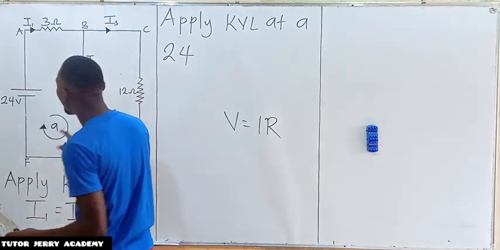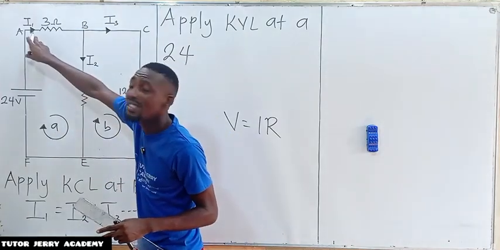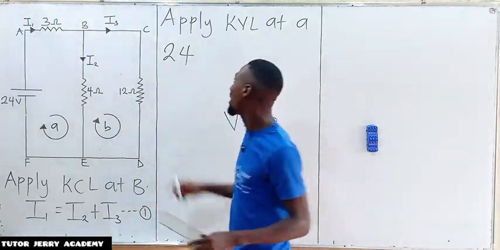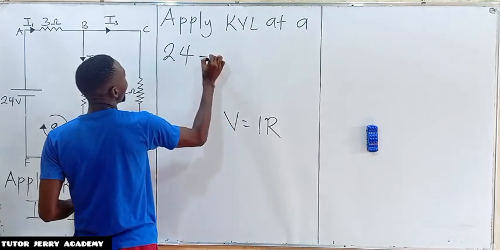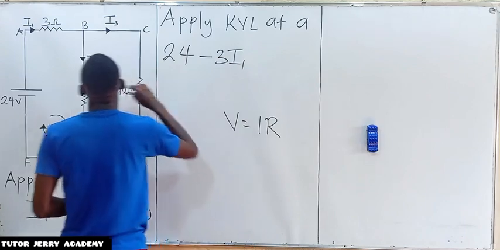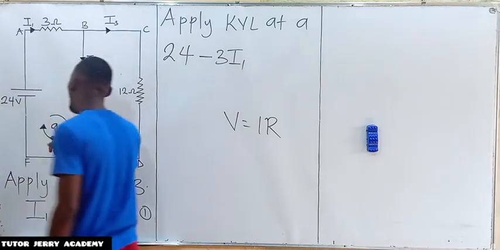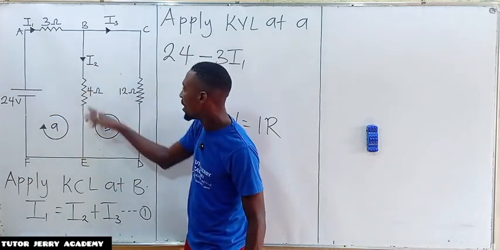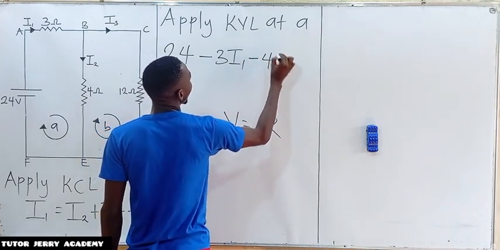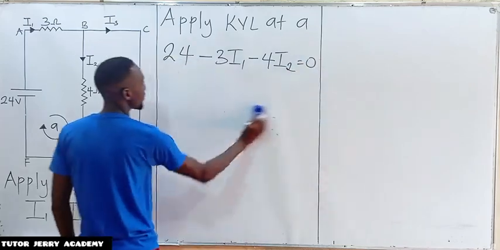Now if the direction we take here is going the same direction as the current, we take the voltage here to be negative. Is that clear? So we are going to have minus 3I1. Then if you come down here, because the direction here is also the same as the direction of current, it is going to be minus 4I2, which will be equal to 0.